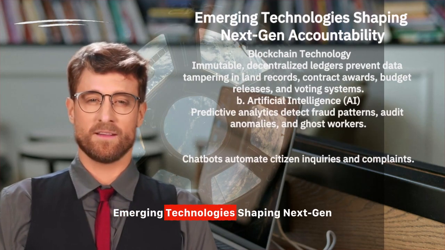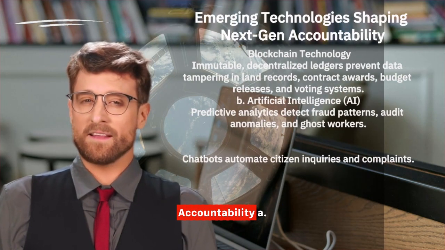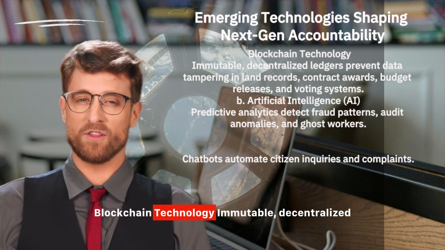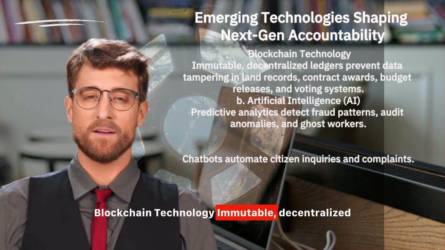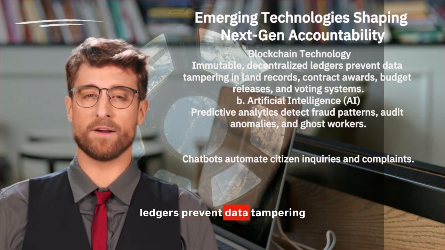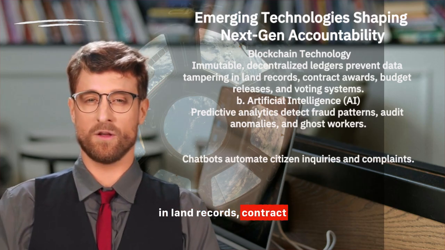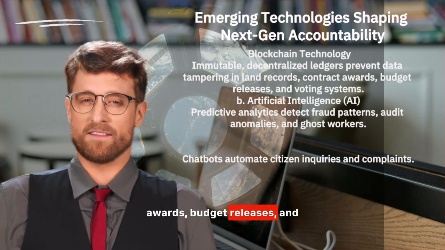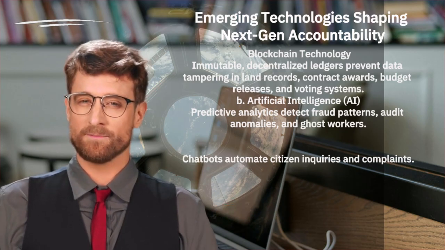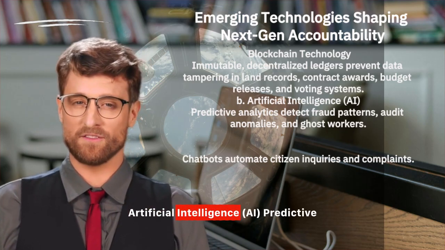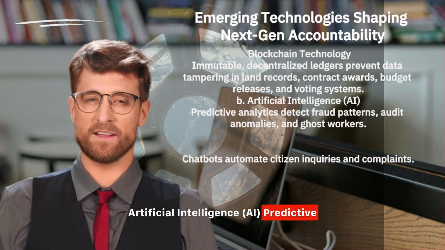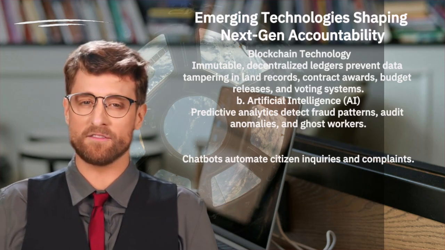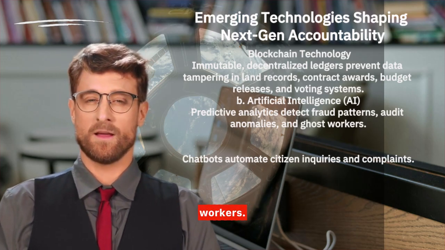Emerging technologies shaping next-gen accountability. A. Blockchain technology. Immutable, decentralized ledgers prevent data tampering in land records, contract awards, budget releases, and voting systems. B. Artificial intelligence, AI. Predictive analytics detect fraud patterns, audit anomalies, and ghost workers.